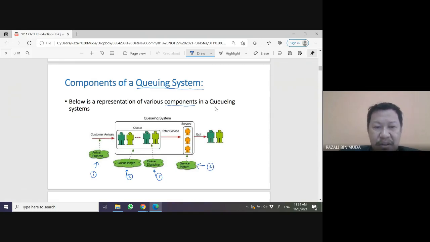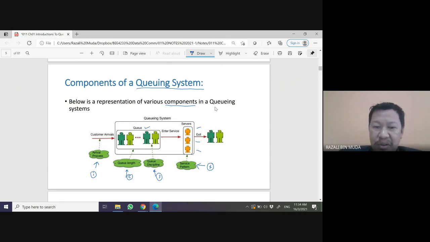So you have the customer arrival, and then he or she goes into the queue, and then enters the service. If you go to the bank, this is the counter, right? There is one queue, and one can go either here, here, or here: counter 1, counter 2, counter 3.